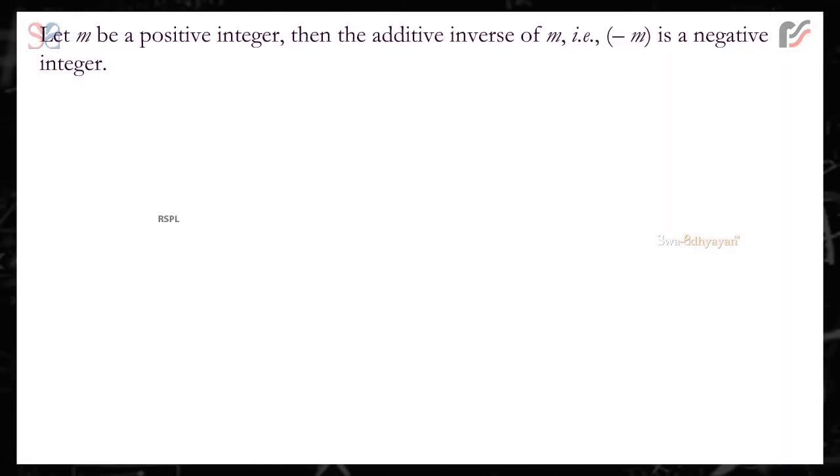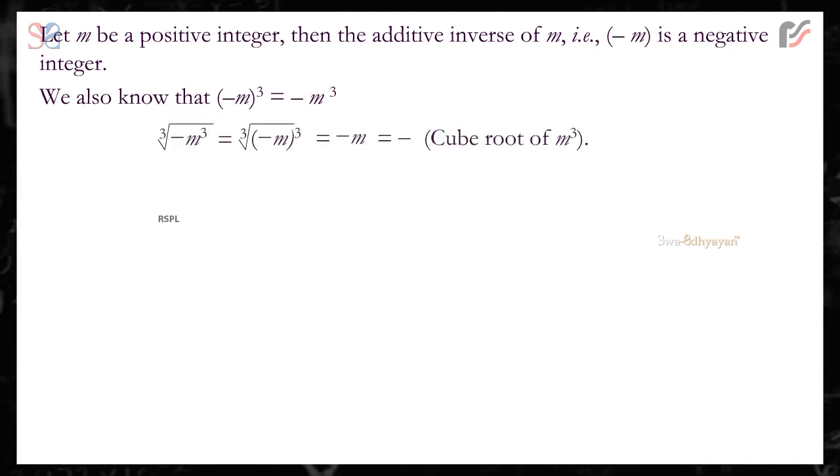Let m be a positive integer, then the additive inverse of m, that is minus m, is a negative integer. We also know that minus m whole cube is equal to minus m cube. Cube root of minus m cube is equal to cube root of minus m whole cube, which is equal to minus m, which is equal to minus cube root of m cube.